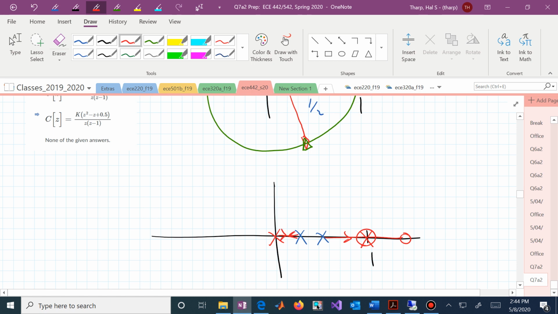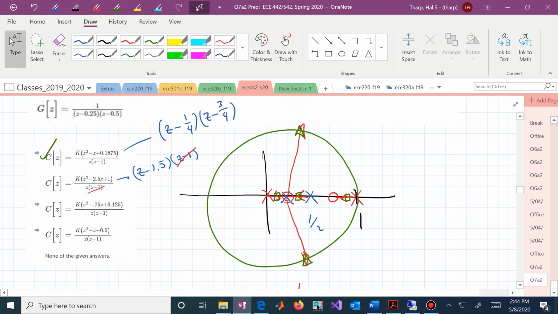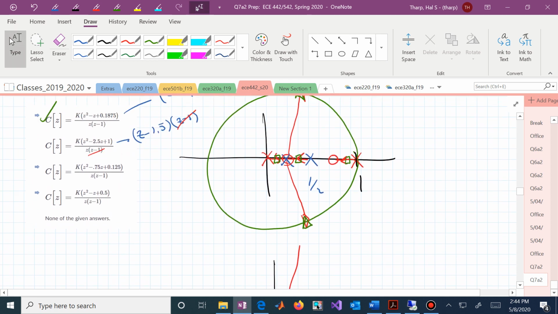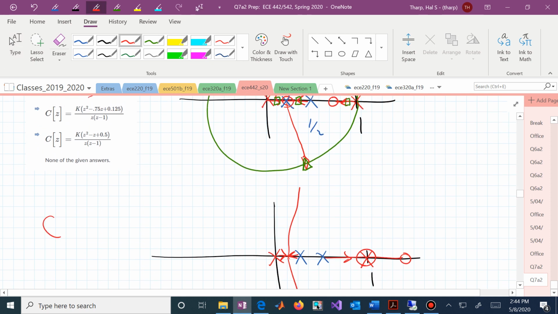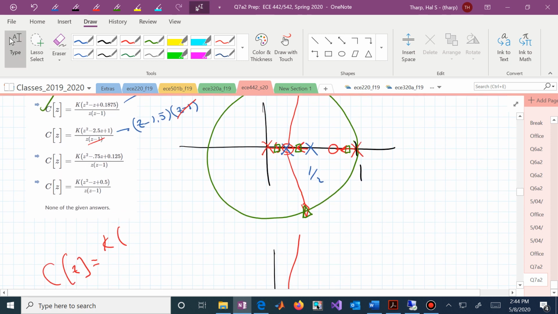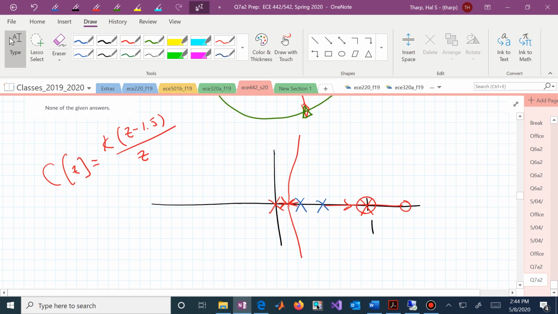So maybe this one would have been okay to be stable, because you can now have, I'm not sure why I let that go through, because this one now is having this cancellation, and again, you could do that internal to the controller and not ever realize that. So effectively your controller here is now this K (z minus 1.5) over z.